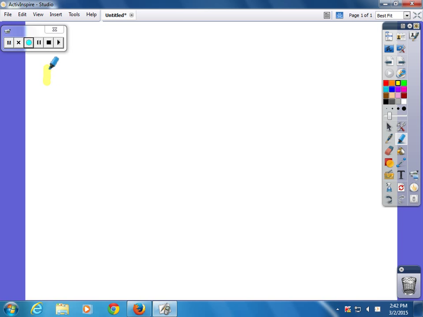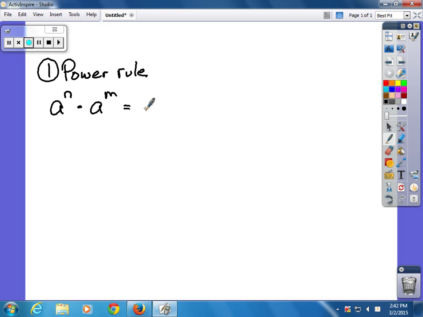Power rule. Power rule says that if you have two exponents in the same base and you're multiplying, what do you do to the exponents?